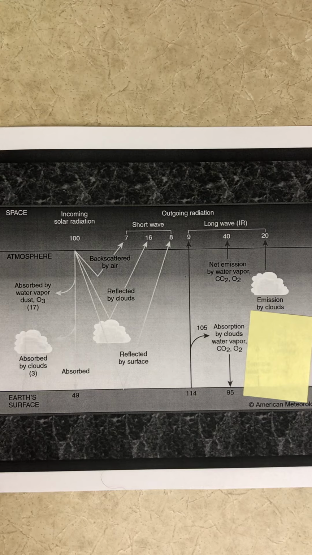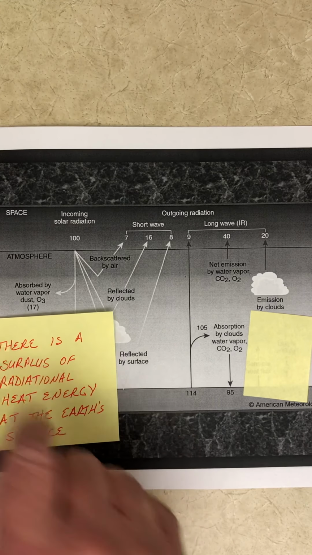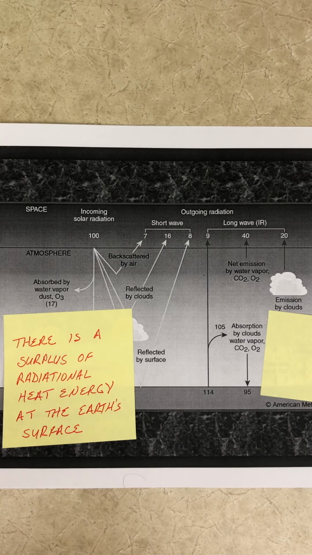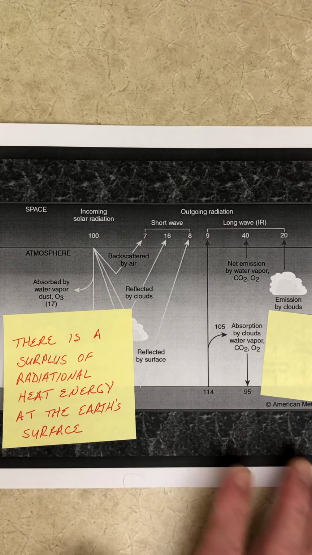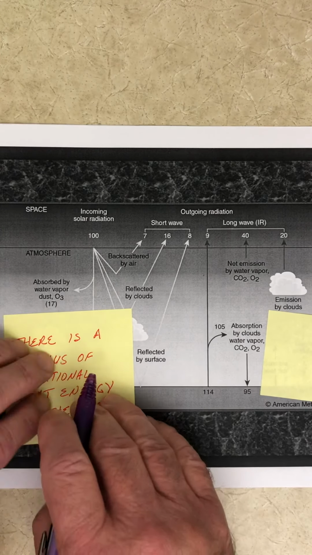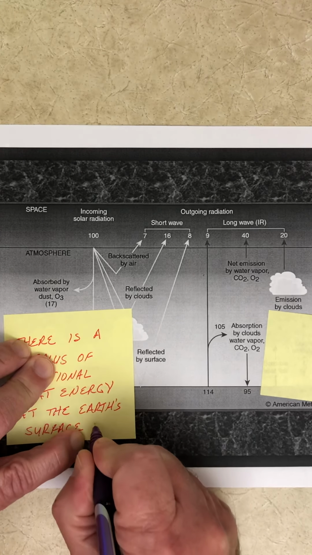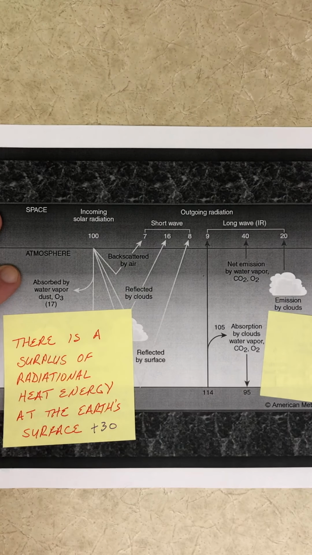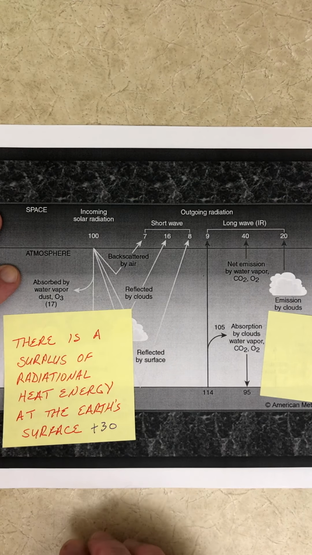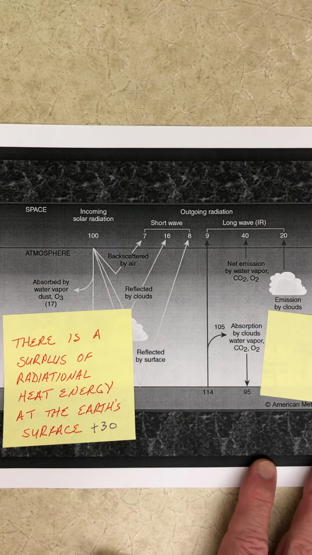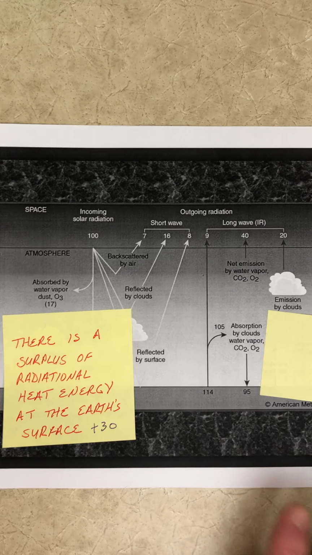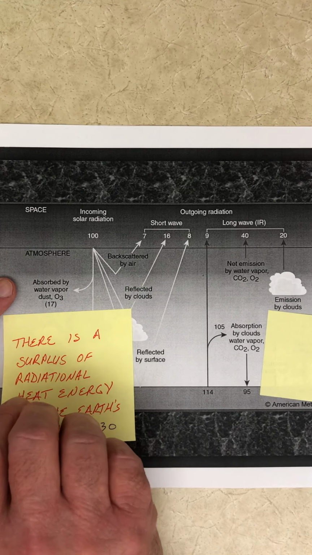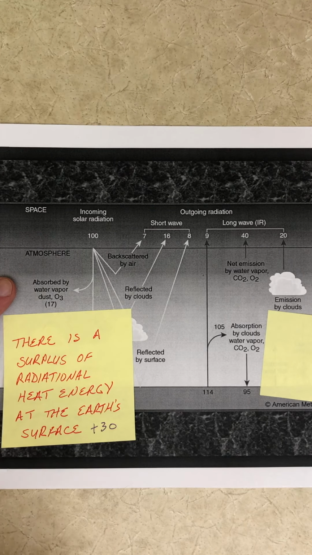And that is our next point: there is a surplus of radiational heat energy at the Earth's surface, and that surplus is plus 30 units. So there are 30 units of surplus heat energy at the Earth's surface. That's something to be concerned about, but let's finish the diagram before we start worrying about this.